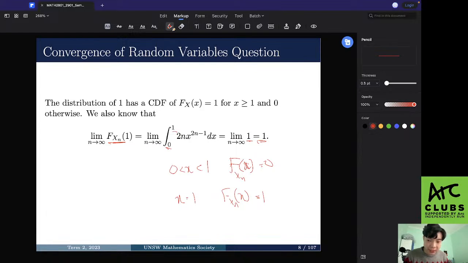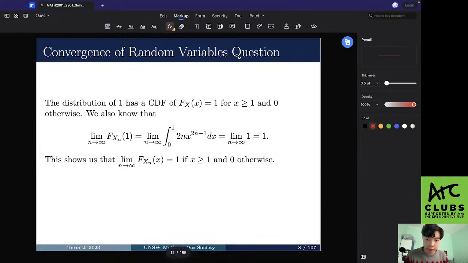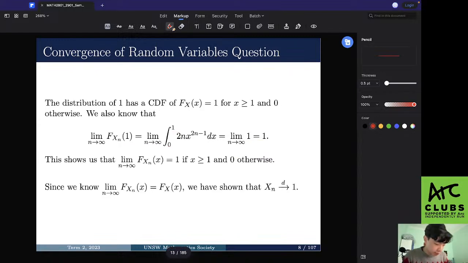And what we see is that this actually does match up with our CDF, right? So we can say that the CDF of xn as n approaches infinity is actually equal to f of x. And this is the condition that allows us to say that xn converges in distribution to 1. Not too bad.